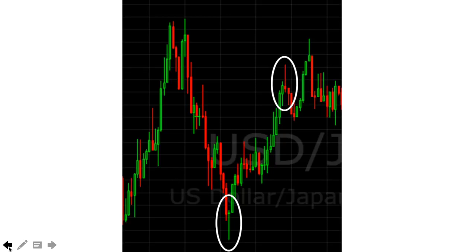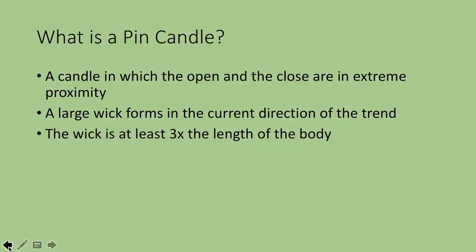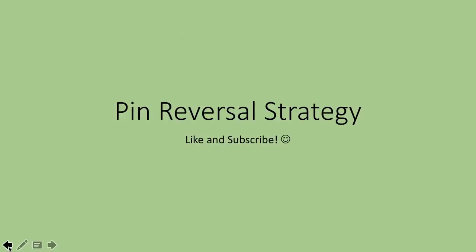There was one late last night at about 8 o'clock, and I made roughly $50 on an out of the money contract, and so that was good. And just look for this in your own chart. Like I said, go to your charts right now and look for these pin candles to form. You can easily expect an above 70% win rate if you use the advanced specific checklist that I look for pin candles.